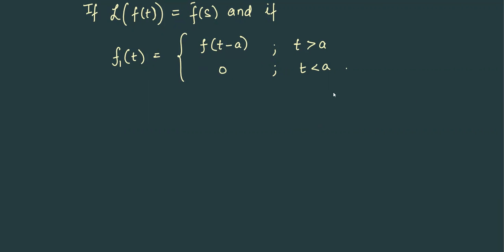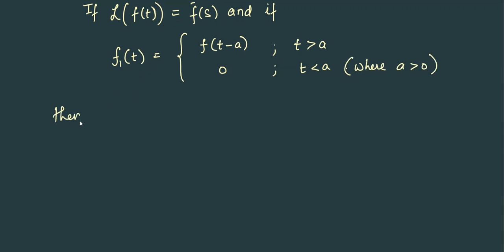So it is like a step, or just shifting the function. For such a function, what will be the Laplace transform? Here a has to be greater than 0. Very important.